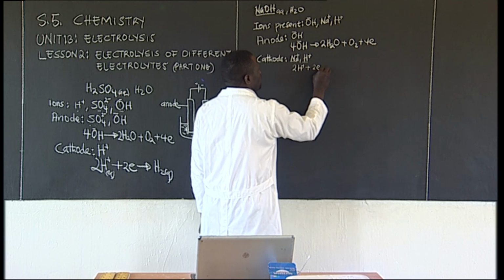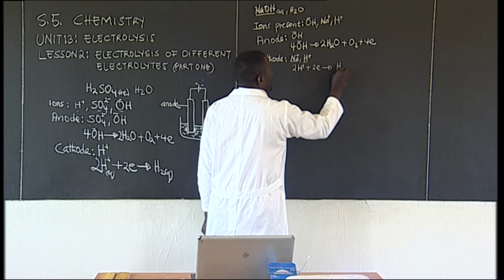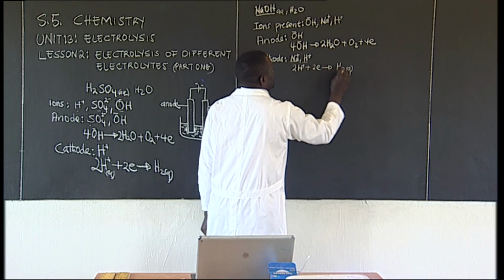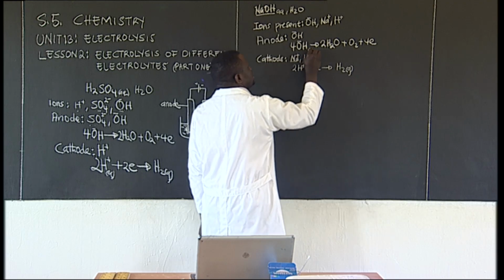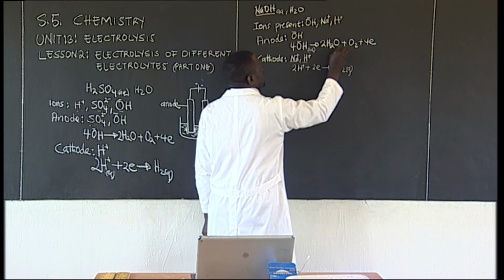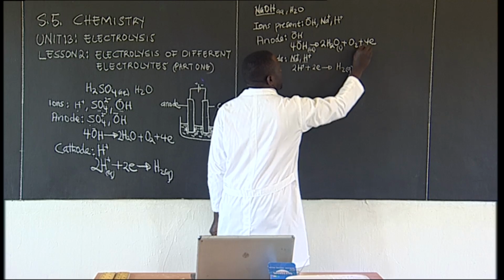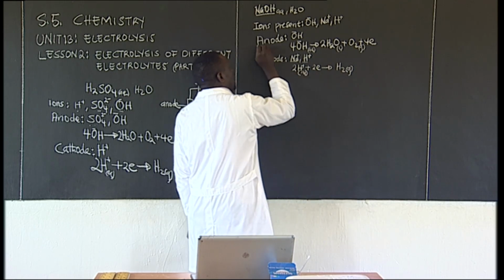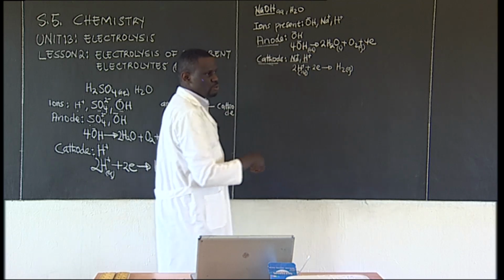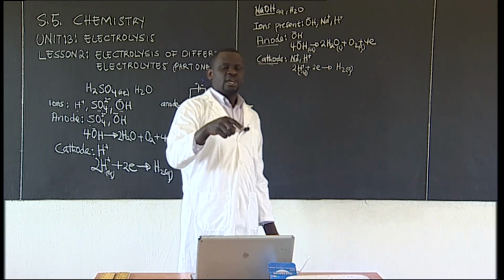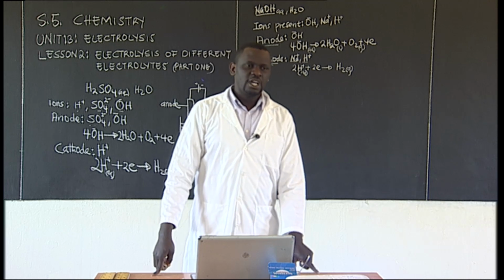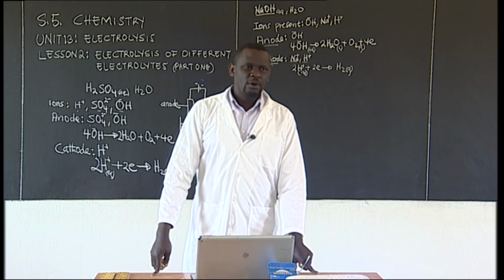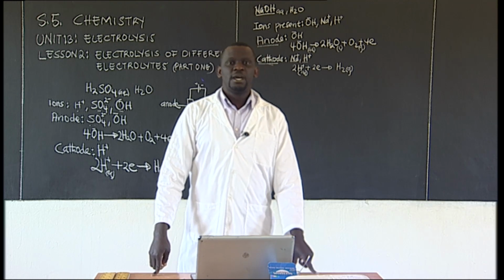So we are going to produce again hydrogen what? Gas. So we can put even states, there is no problem. It is nice to put them there. Put gas, and here we have what? Aqueous. So electrolysis of acidified water, electrolysis of dilute sulfuric acid, and that of sodium hydroxide are giving the same products.